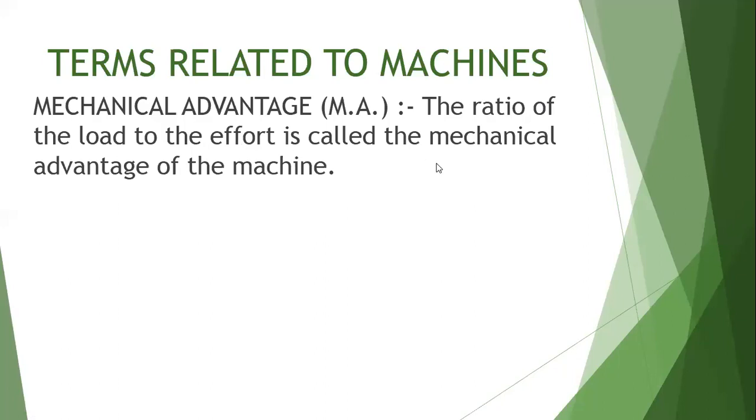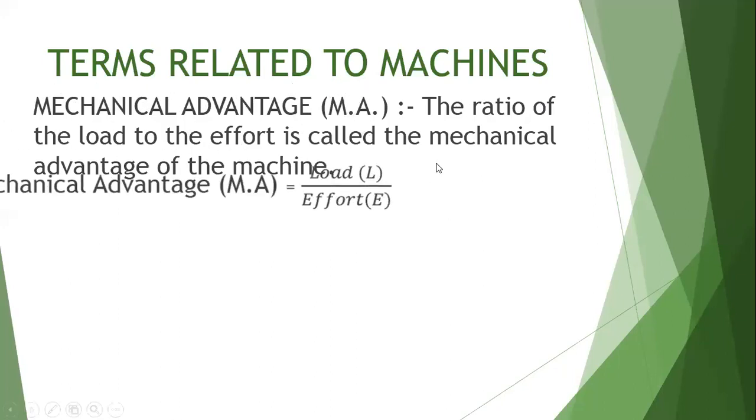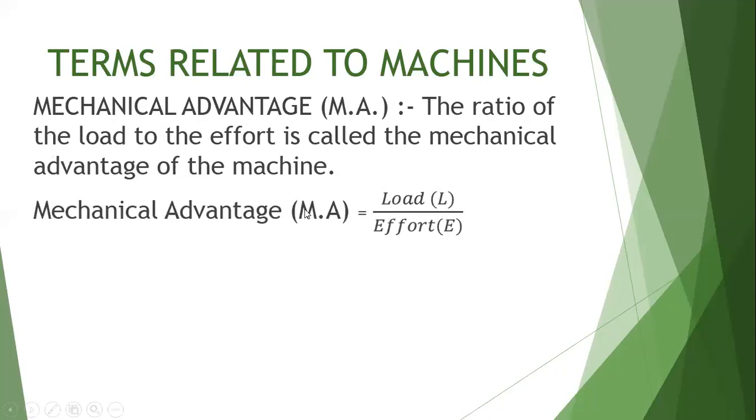Generally we don't write mechanical advantage in long form, we simply write MA. So mechanical advantage is load divided by effort, L divided by E. This is what a mechanical advantage actually is.